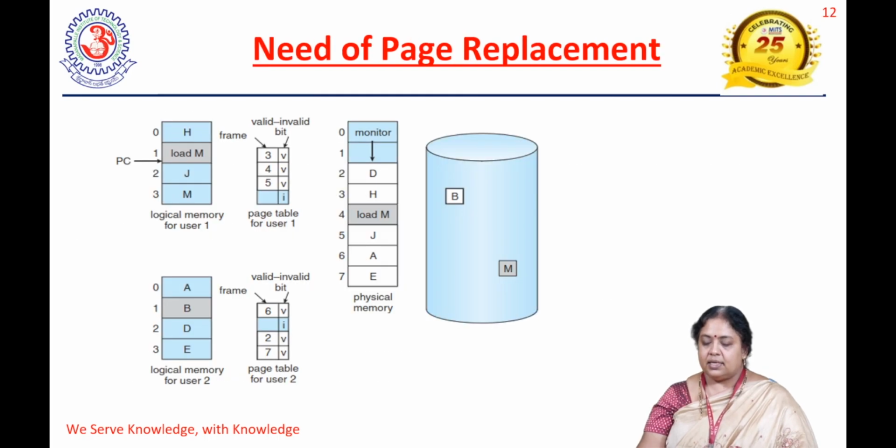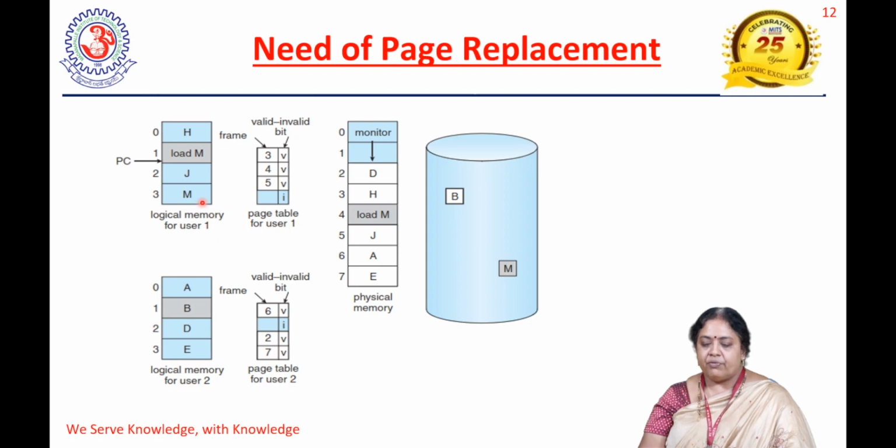And this is the thing. So we discuss here the need for page replacement. For example, this is one process. It is multiprogramming, meaning multiple processes will be residing in the memory. This is the physical memory, and multiple programs reside in it. This is one process and this is another process.